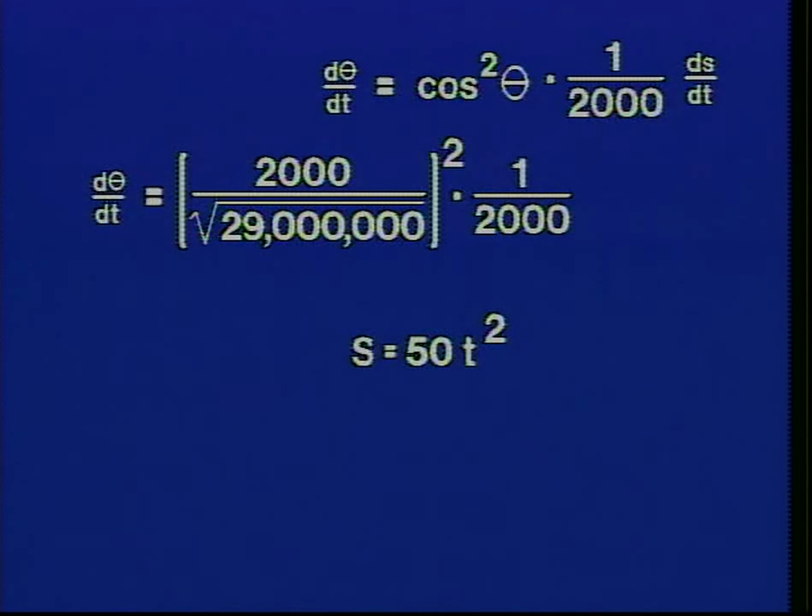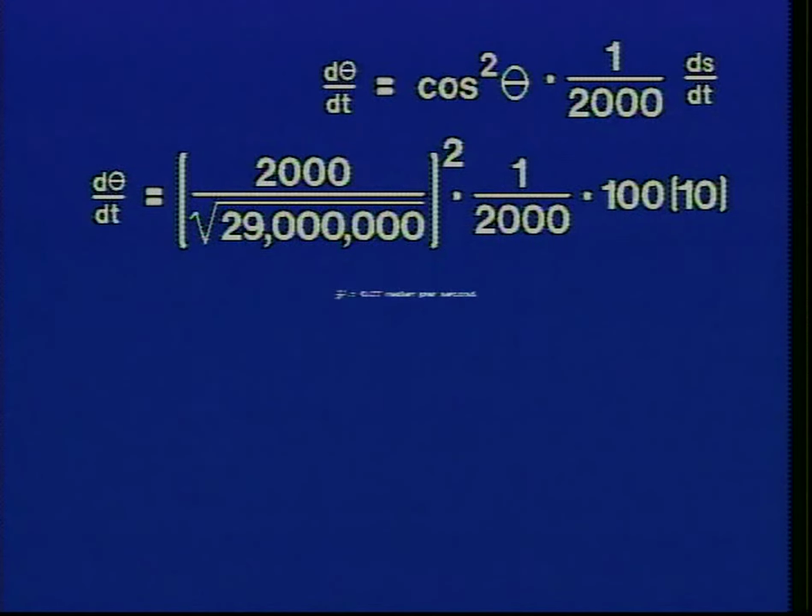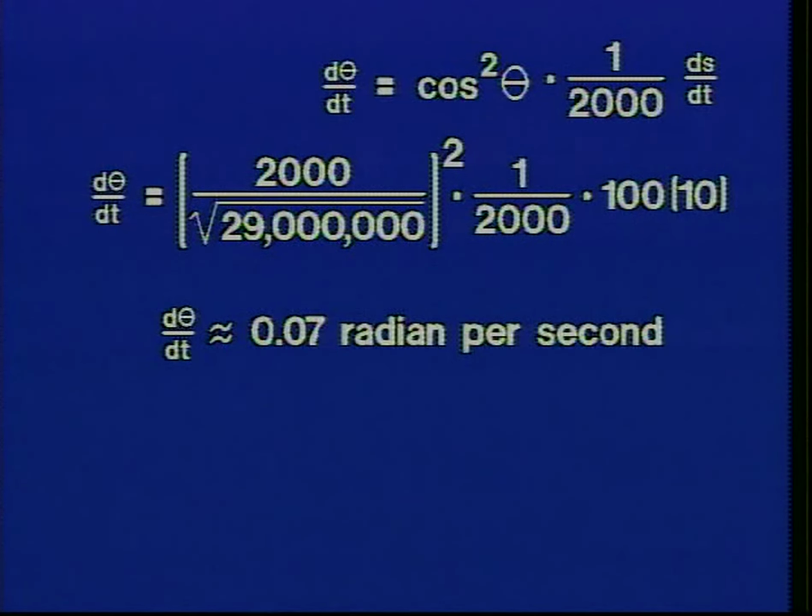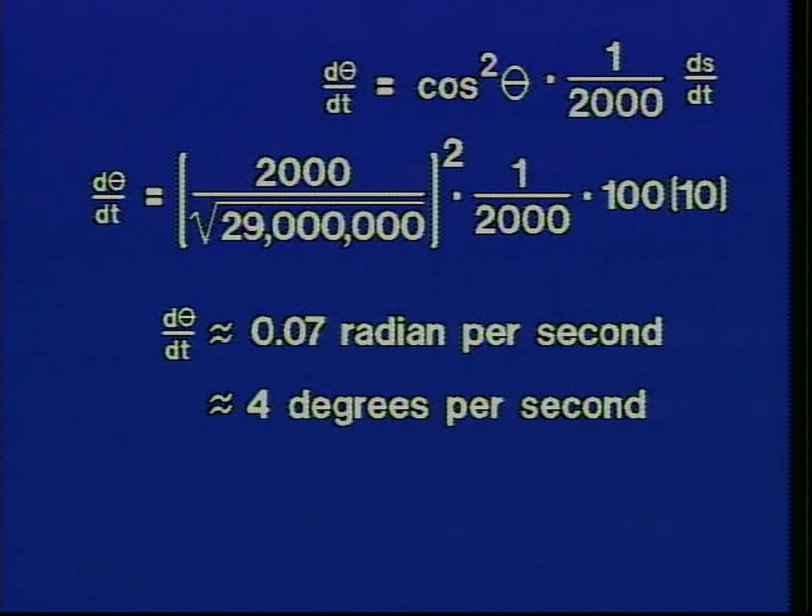The derivative here, or the S prime, which is ds dt, is 100t. So the ds dt is replaced with 100t, but we know that t is exactly 10. And then we punch our calculator to find the approximate value of all of this expression. It turns out to be 7/100ths radian per second. Now the degree equivalent to that is approximately 4 degrees per second.